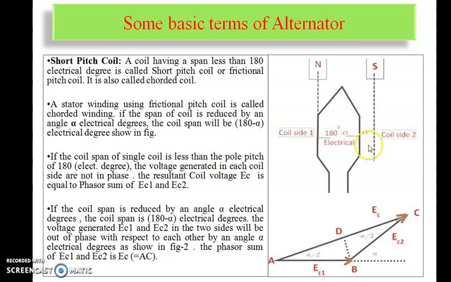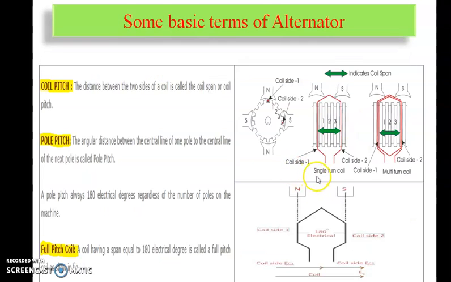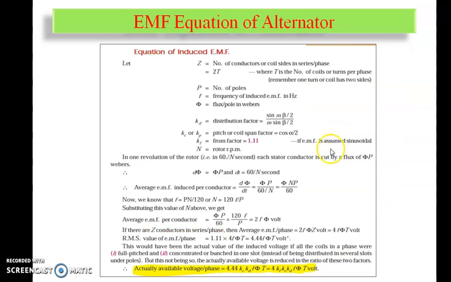Here you saw multi-turn coils; a single turn is just one coil, that is T. So Z equals the number of conductors in series per phase. P equals the number of poles. F equals the frequency of induced EMF in hertz. Phi is the flux per pole in webers. Again, as we know, Kd, the distribution factor, equals sin of m beta by 2 divided by m sin beta by 2.